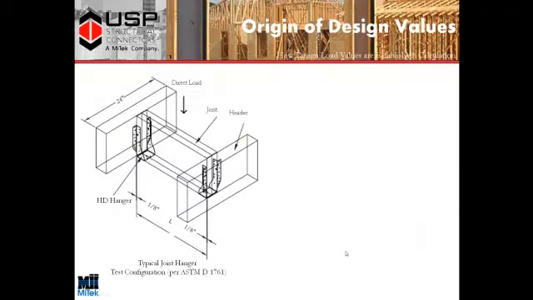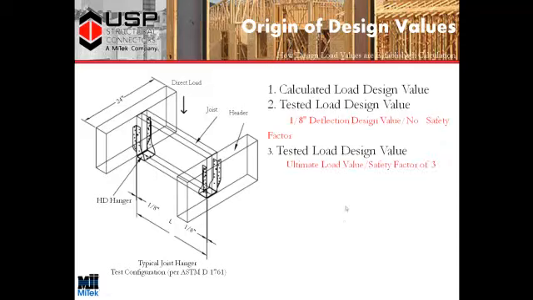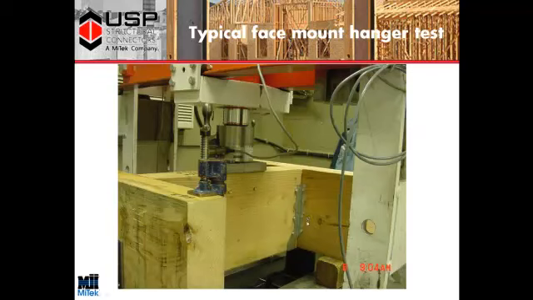All right. This essentially talks about how we establish these loads. We test the product in application and figure out what the value would be to push or pull on this product until you get 1/8 of an inch deflection, meaning until this product moves 1/8 of an inch, and then there's a safety factor involved with that load applied.